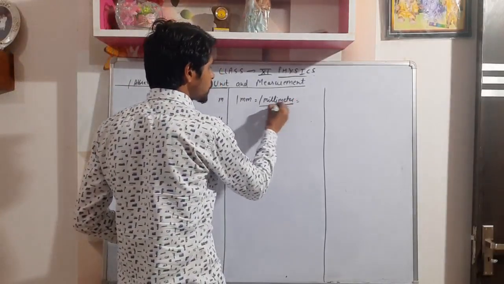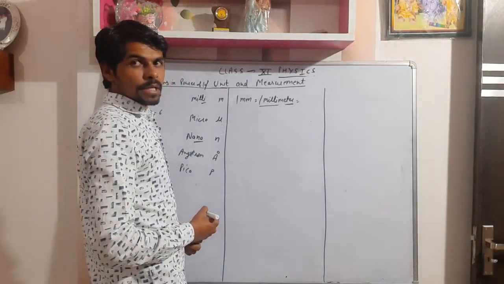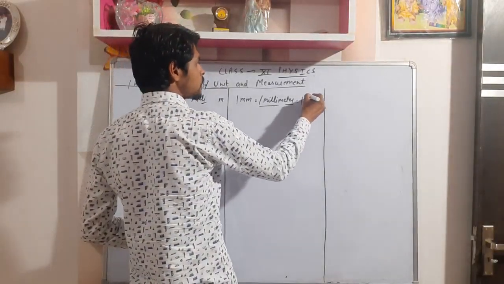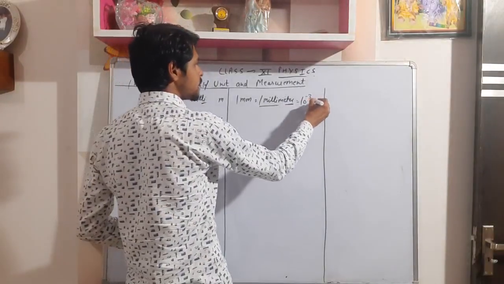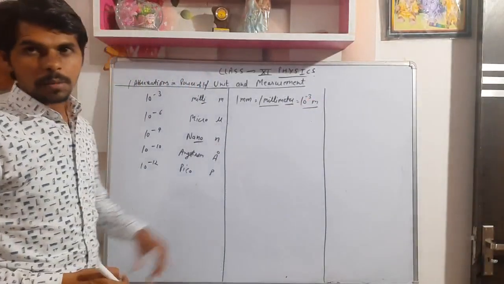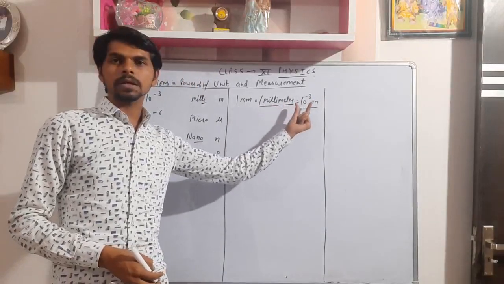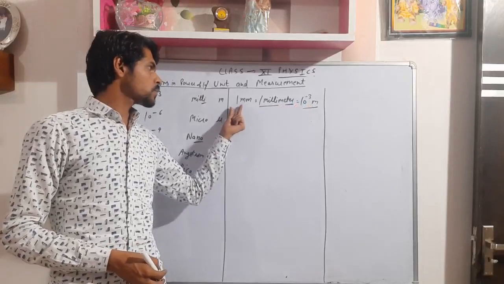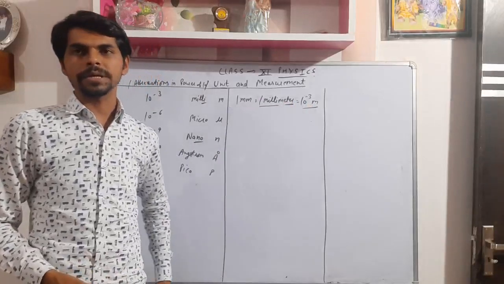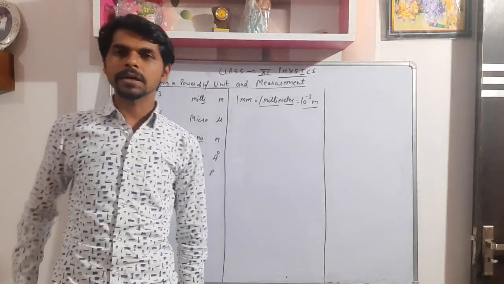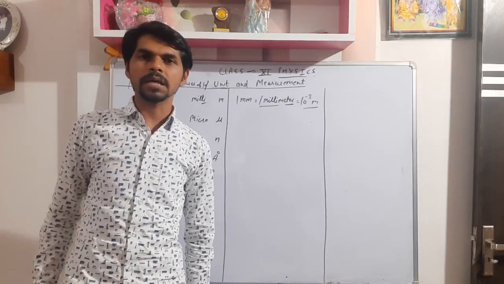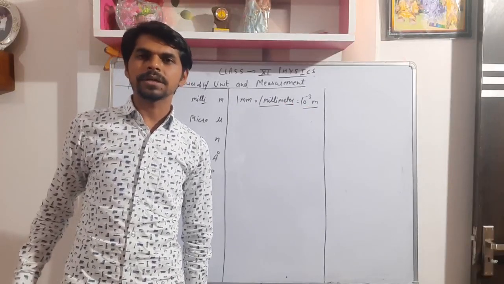So we put the value of milli, that is 10 to the power minus 3, and meter remains as it is. So now 1 millimeter equals 10 to the power minus 3 meter.